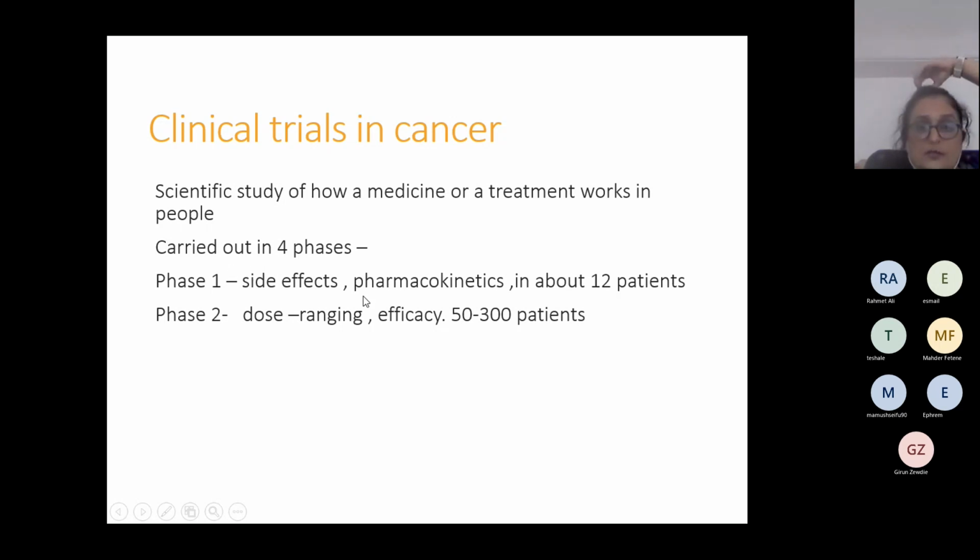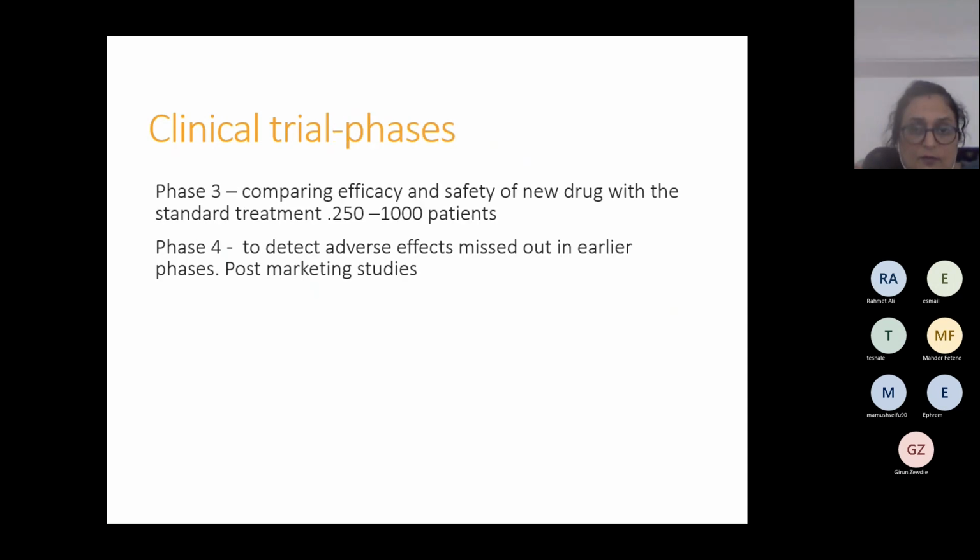In the phase 1 study, we saw the pharmacokinetics. We also saw the side effects of the drug or the combination, but those were the initial side effects which were seen. But later on, after some time when the drug is already in the market, you get to know that there are some more adverse effects or side effects of the drug or the combination. But that is at a later stage.